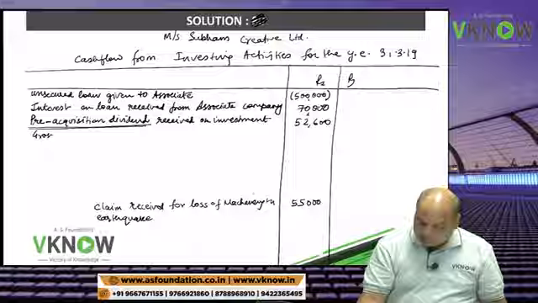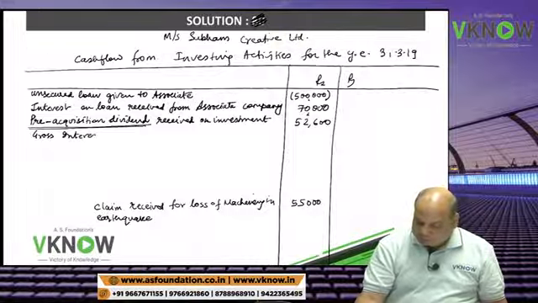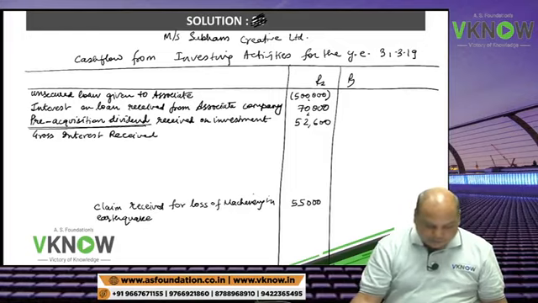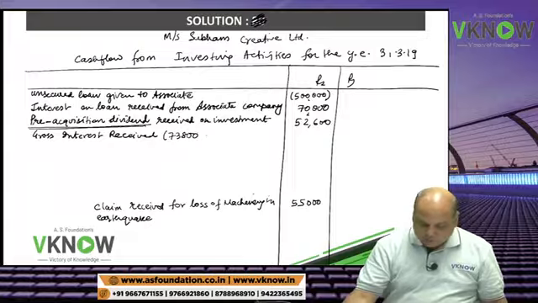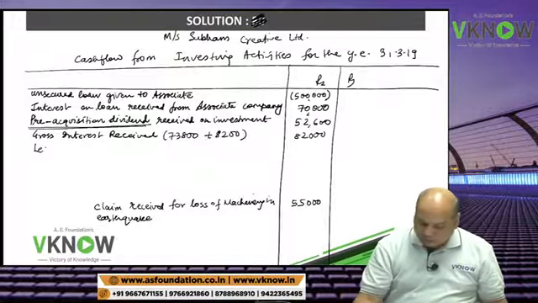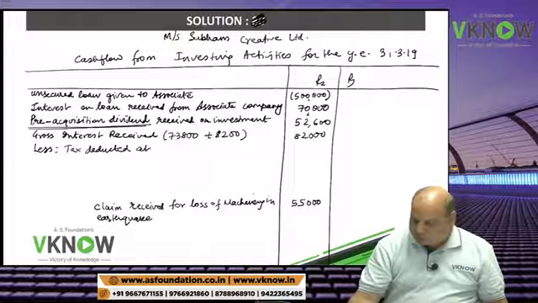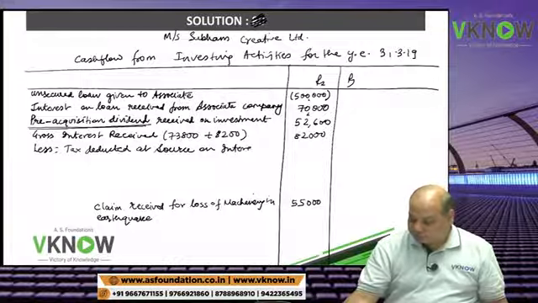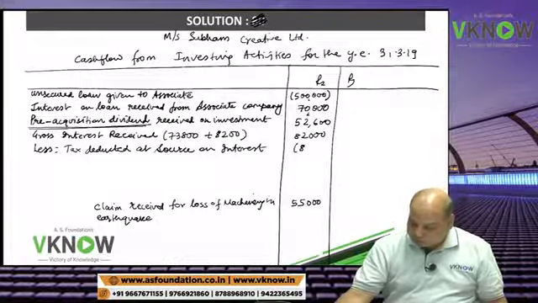Then write down gross interest received. So for interest received, I will first take gross: 73,800 plus 8,200, so that is 82,000 positive. And let's write down tax deducted at source on interest, same figure 8,200.